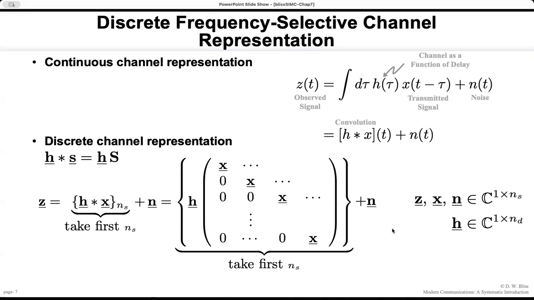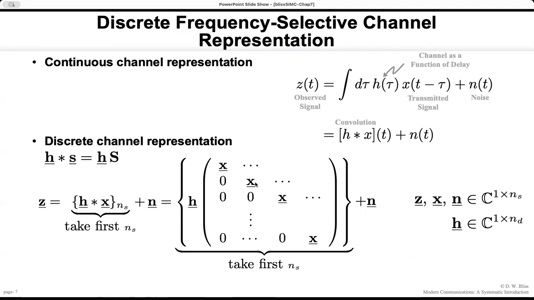Of course, when we do this in our computer, we sample things in time, and so we can think about the channel and the transmitted sequence as being sampled in time. In which case, our convolution ends up being a sampled convolution, and we can represent that in terms of a vector matrix multiply.